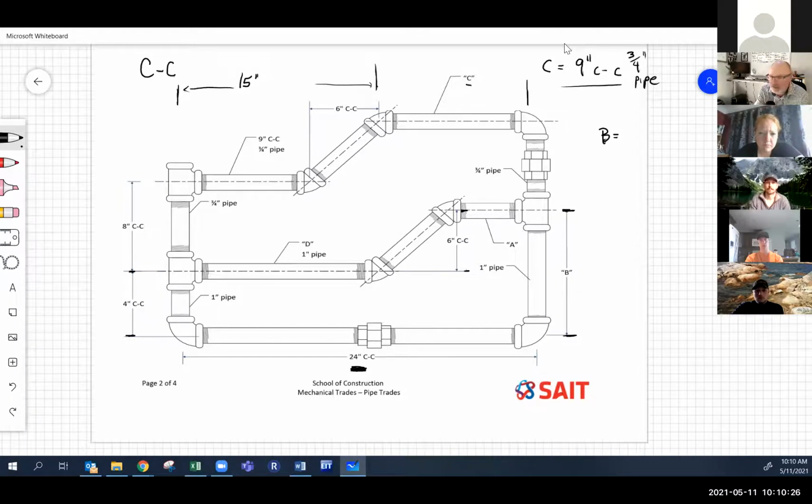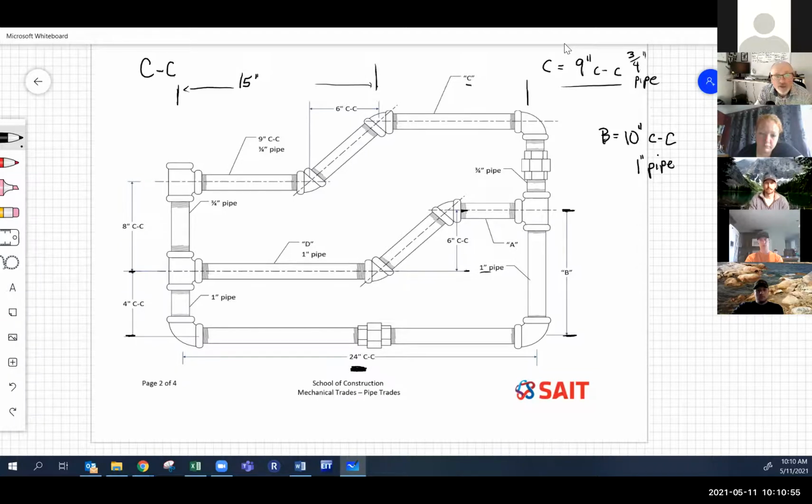What is pipe B? 10 inches. Yeah. Center to center. But B is going to be 1 inch pipe. So you can see it's right there, 1 inch pipe for B. Excellent.